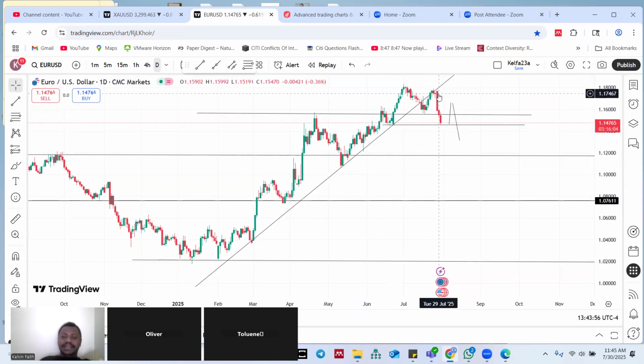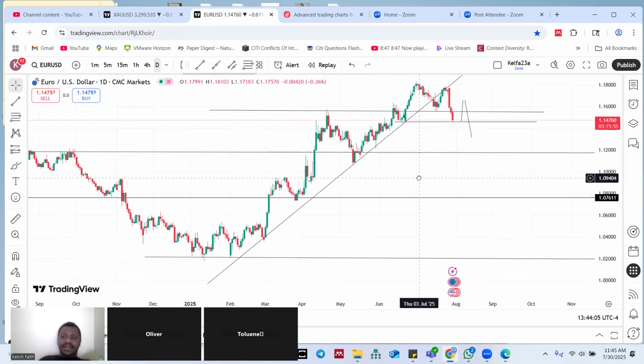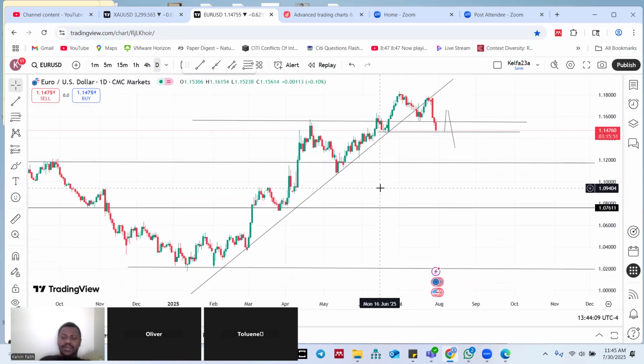Telling us that we have a broken diagonal. There's a break and retest at the top that is very clean. The diagonal support has been taken out, and then it has acted as a resistance diagonally.